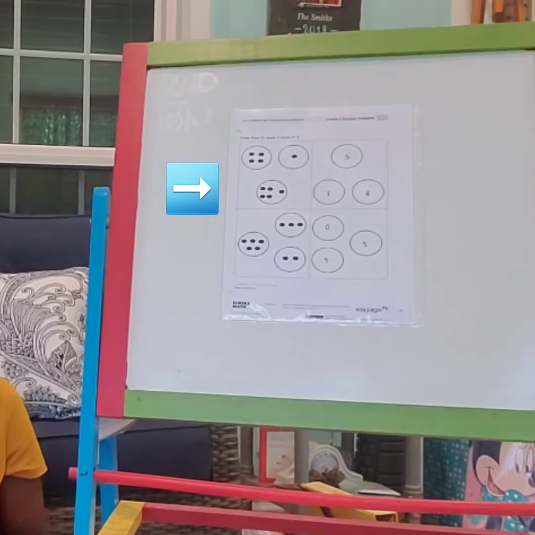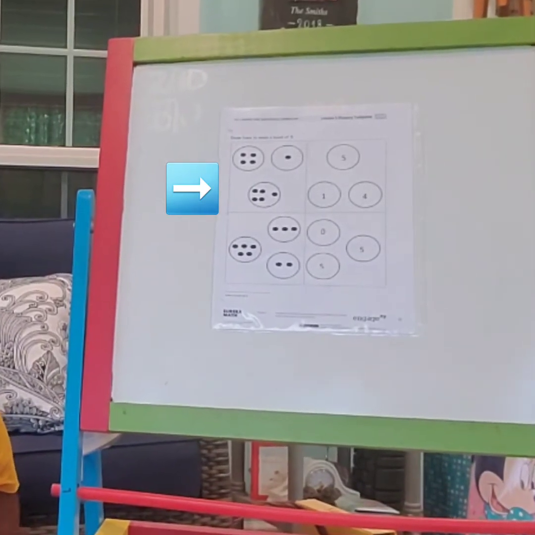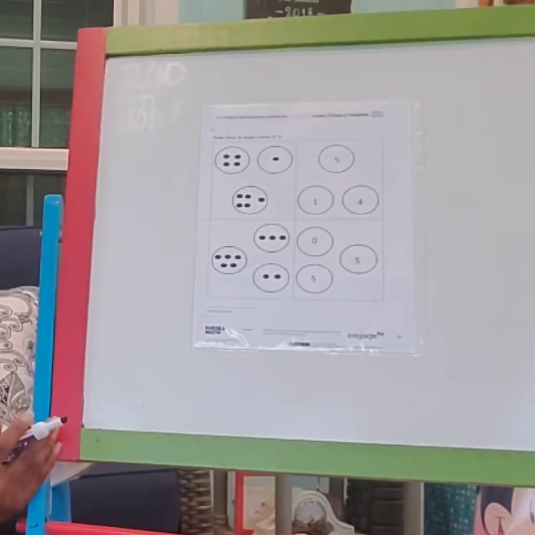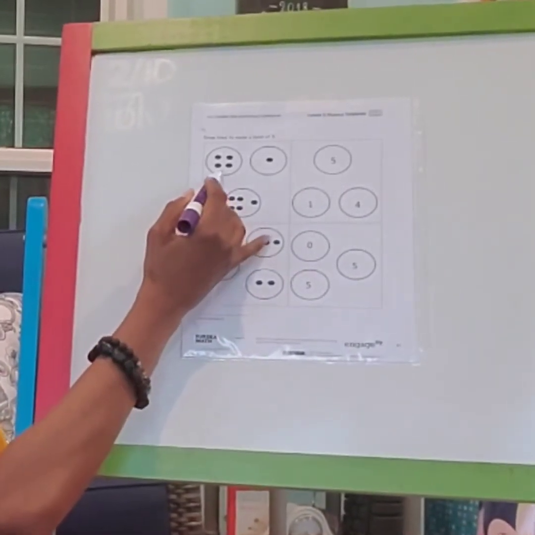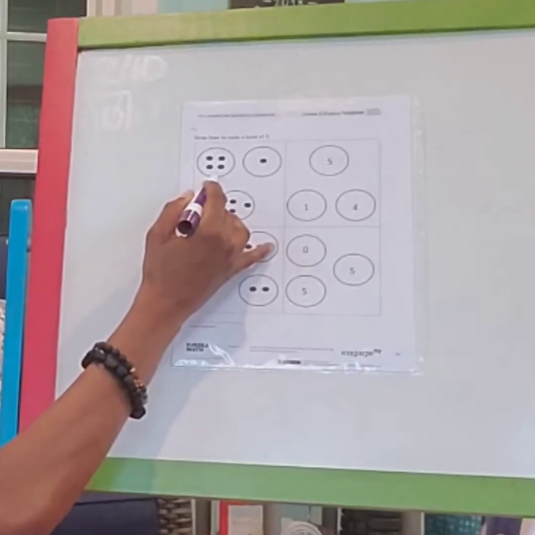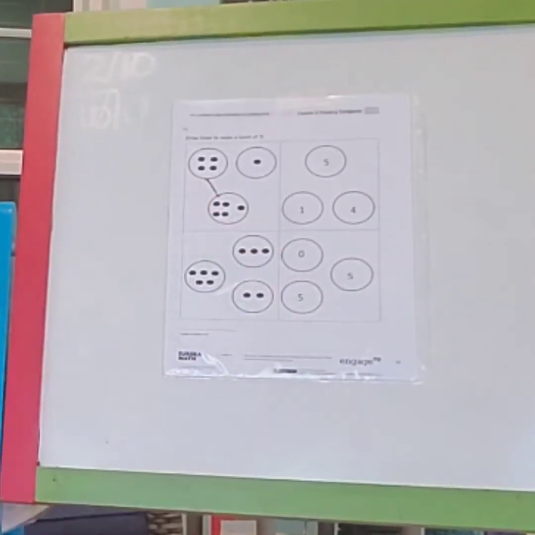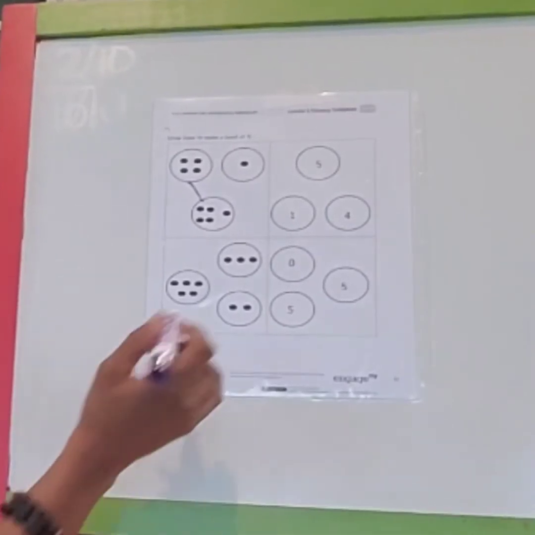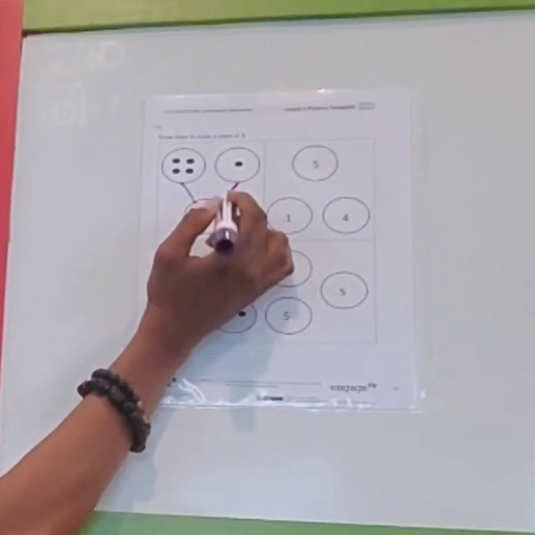So what we're going to do, me and Charlotte will do this one together, is I'm going to draw a line from my part to my whole. That's one part. Where's the other part? Right. All right, you go ahead and draw a line from your part to your whole and show them.